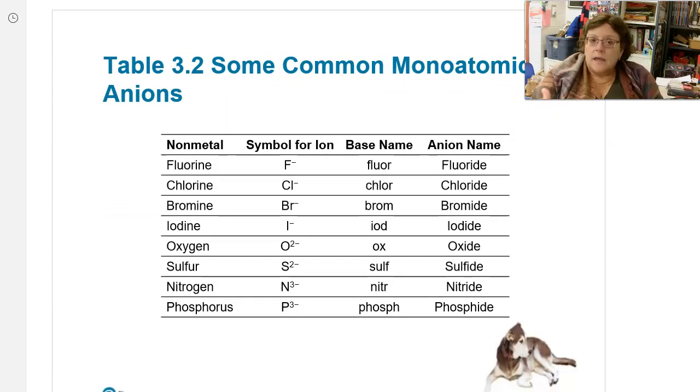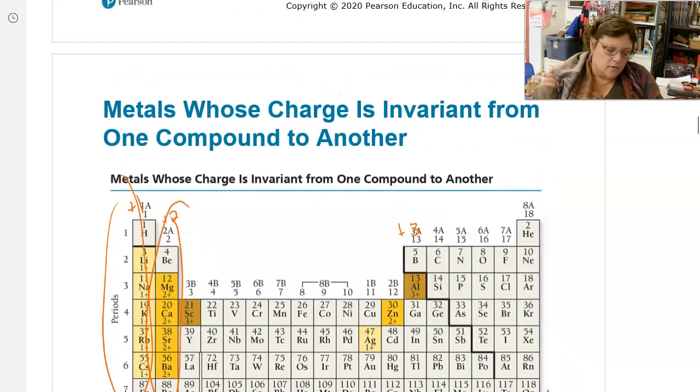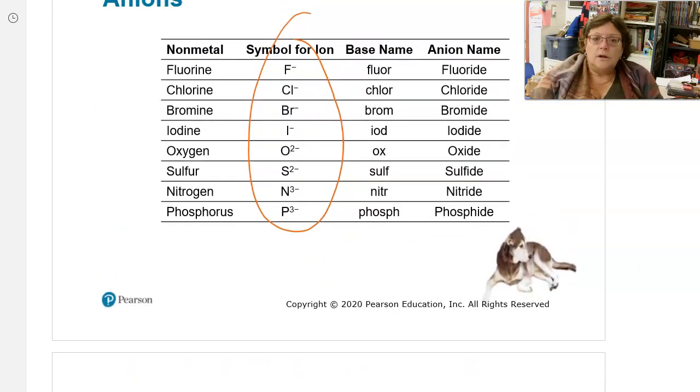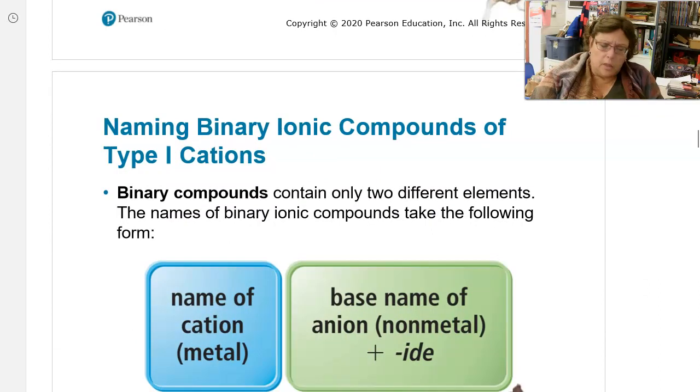Common monoatomic anions. These are our anions. These guys are all up here in this part of the periodic table. They're nonmetals, and you put an "ide" on the end. They all end in "ide." So when you're going to name something, you take the name of the cation, and it doesn't get any kind of special suffix.